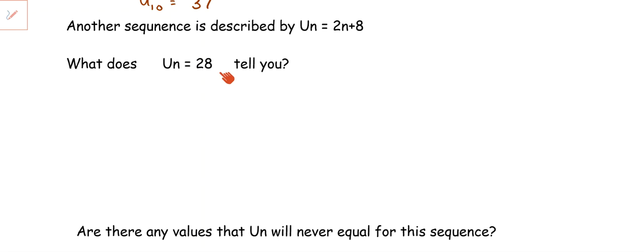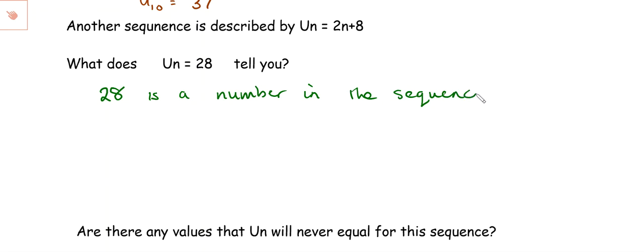What I'm after is not can you work it out, does this tell you? No. Right? All this tells you is 28 is a number in the sequence. What does it not tell you? Which number. Which one it is.